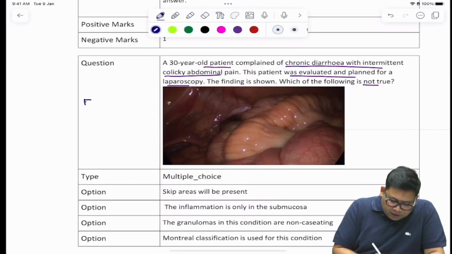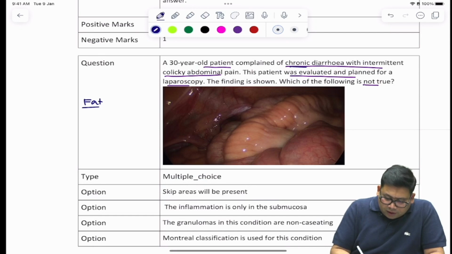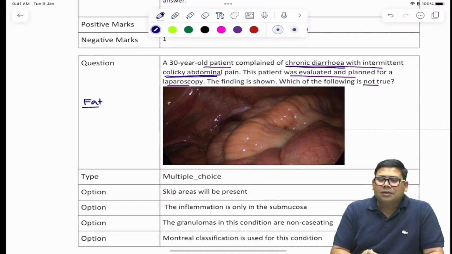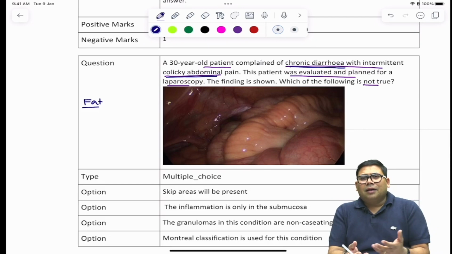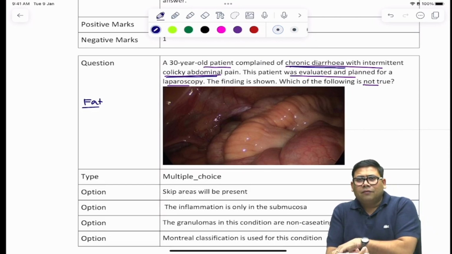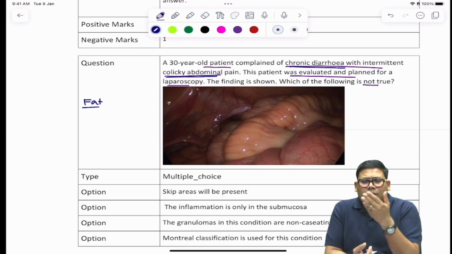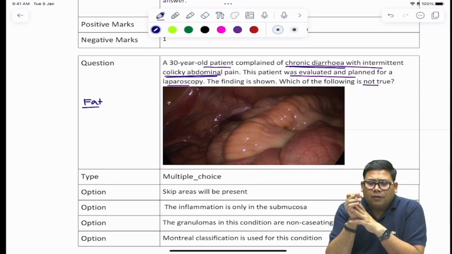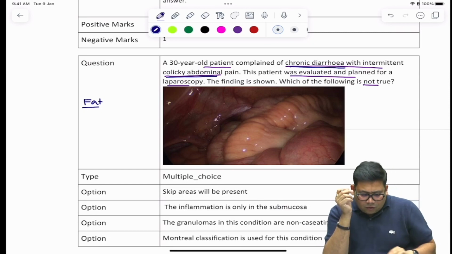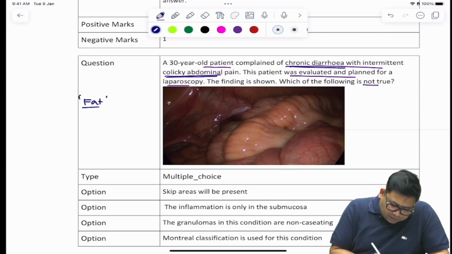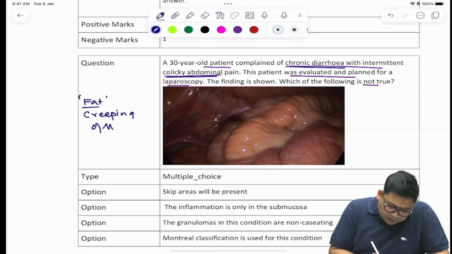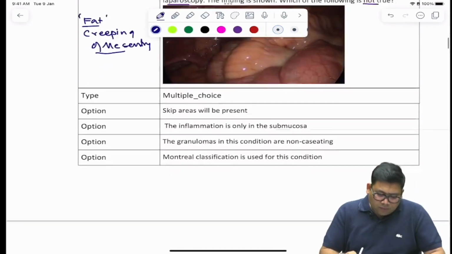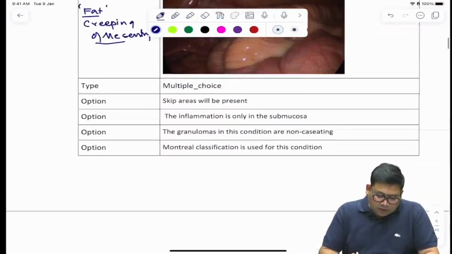Chronic diarrhea with intermittent colicky pain looks like classical IBS, but this is due to inflammatory bowel disease, and this is a classical Crohn's. The fat creeping of the mesentery is what we see in the image. So the question is, which of the following is not true?